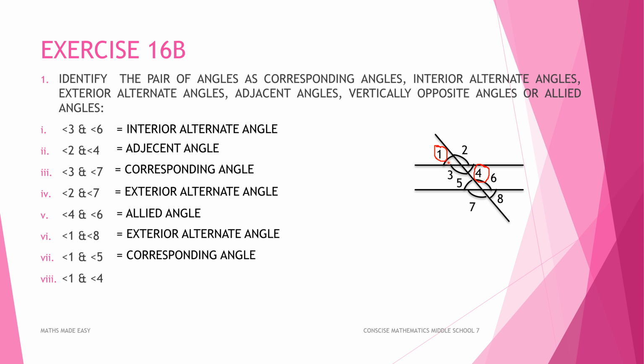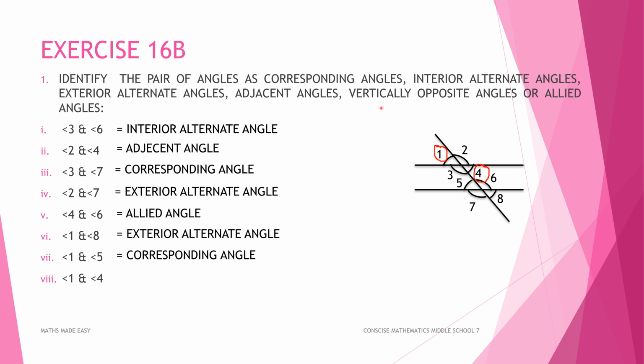Angle 1 is on the external side and 4 is on the internal side. But it is alternate, it is on the left and right, but one is internal and one is external. So there is no possibility of internal alternate angle or external alternate angle, right?